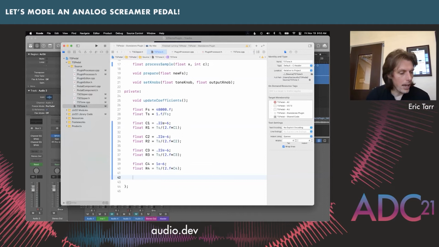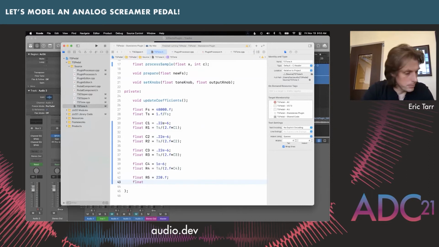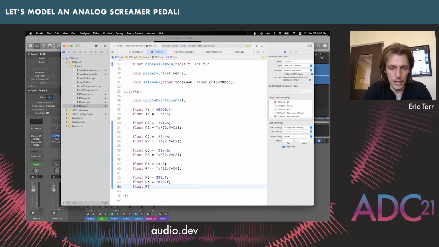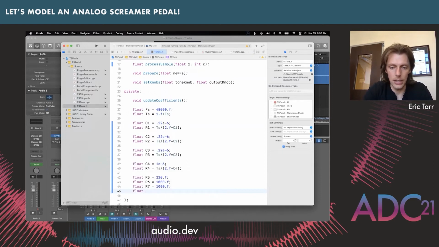Okay, then we have the values that you can just read off of the schematic for the different resistors. I've called this one R5, 220 ohms. R6 is 1,000. R7 is 1,000. R8, also 1,000. Or no, that's 220.